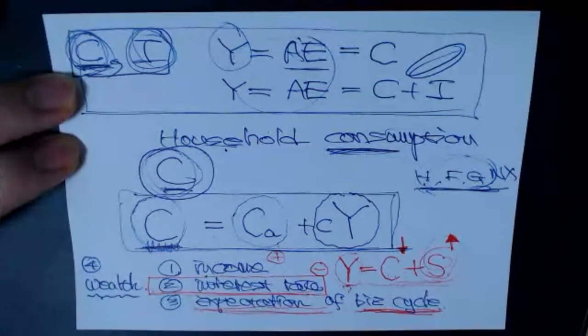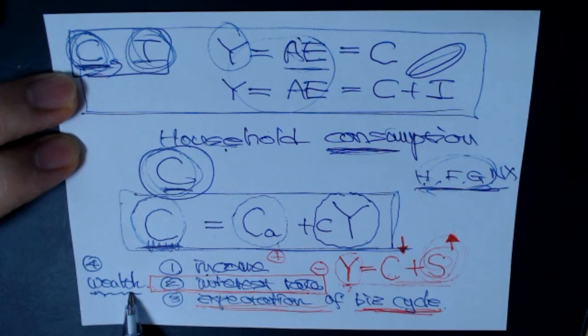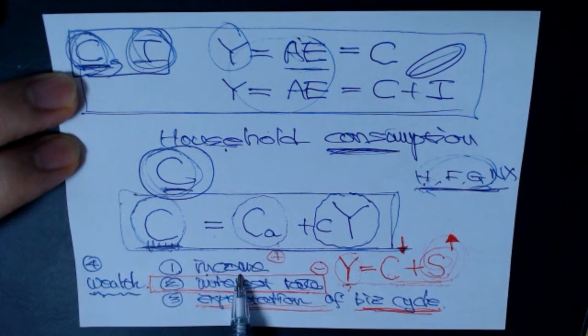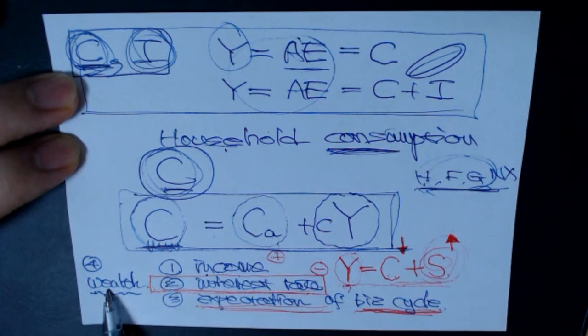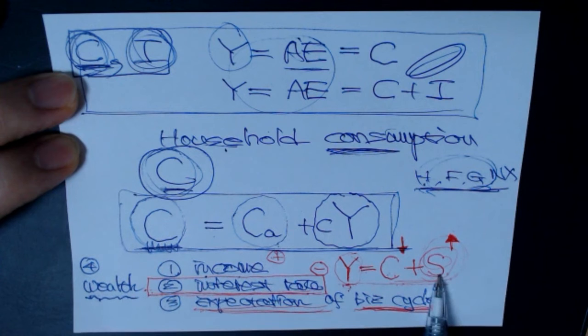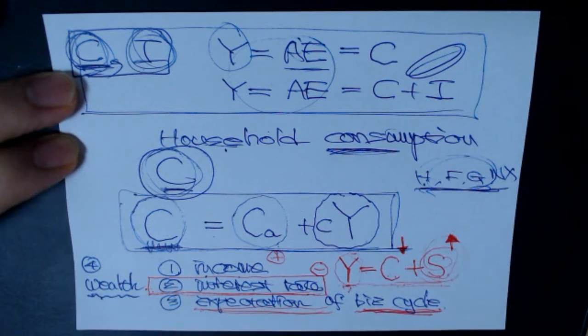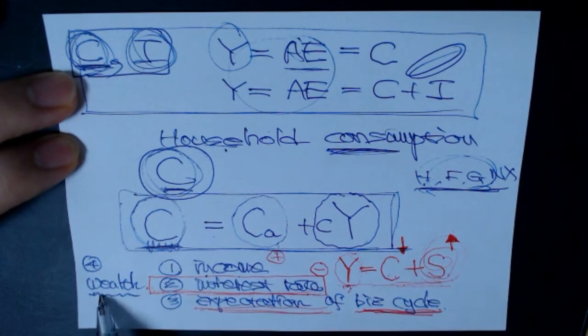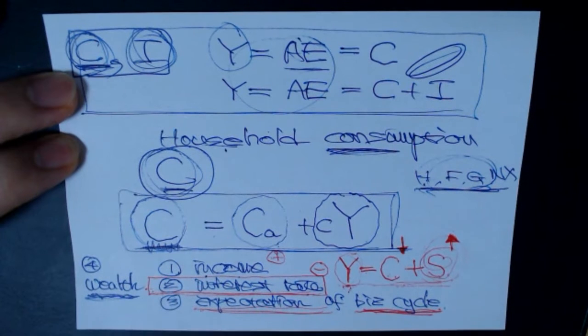Every month, every week, you have cash flow. But wealth is the accumulated amount of your income. Wealth doesn't happen immediately. It takes time to accumulate part of your income. Probably part of saving goes to your wealth. So this is accumulated income.